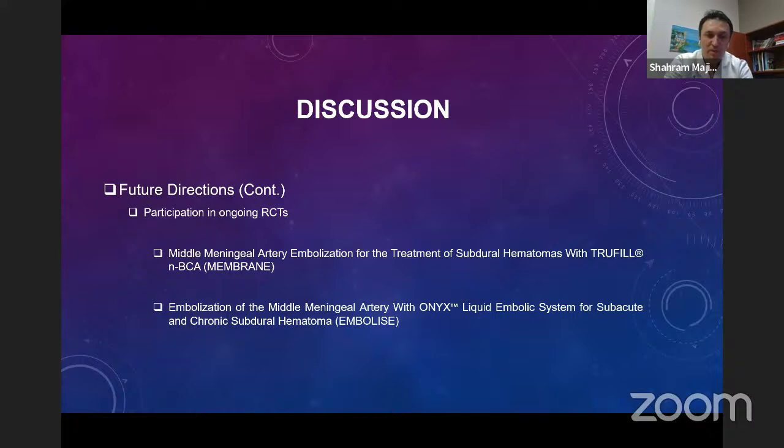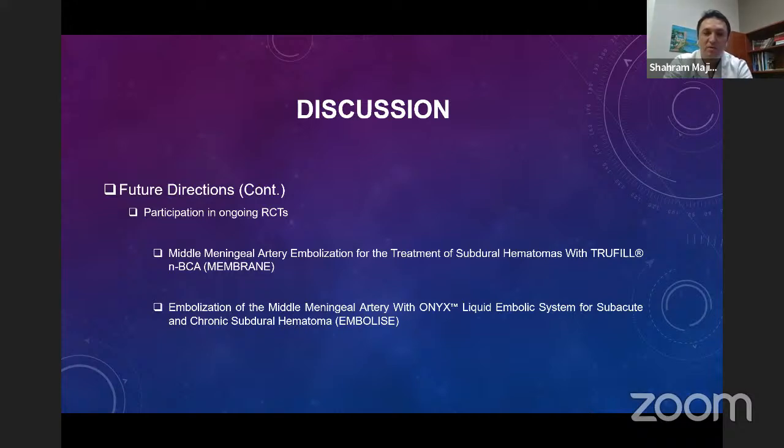So I believe these two clinical trials will have significant importance in helping us study the actual benefit of middle meningeal artery embolization in subdural hematoma patients, as this study has a medical management arm and a surgical intervention arm, plus or minus embolization.